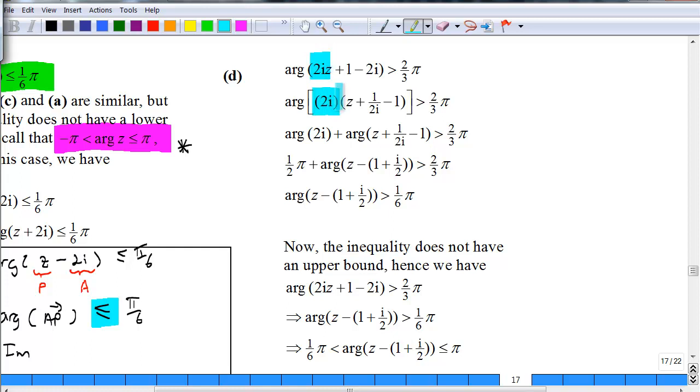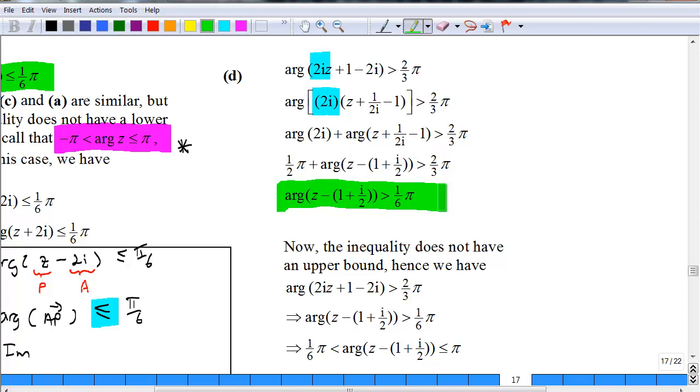If you get the 2i out, then implementing the properties of the argument, you will be able to reduce the inequality into this standard form. Now as in previous part C, there is no lower bound. In this case, there is no upper bound. But we know that the upper bound for the principal range of argument is pi.